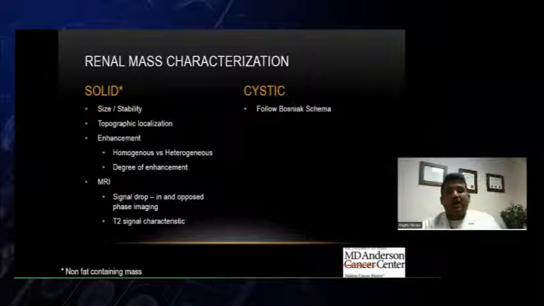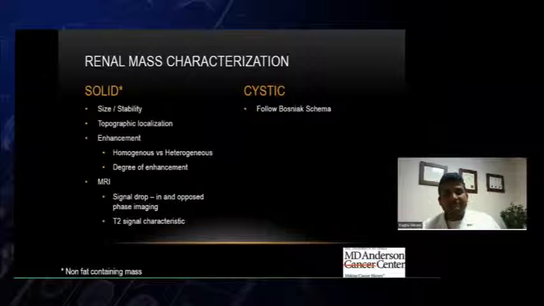So how do we characterize renal masses? As I already talked about, solid versus cystic, and once you have a cystic lesion, you follow the Bosniak schema, and I'm sure you're aware of it. I'm not even going to touch upon the Bosniak schema because that is a different talk on its own. Once we have established that this is a solid lesion, what are we going to do? The first thing is, is this a fat-containing mass or not?